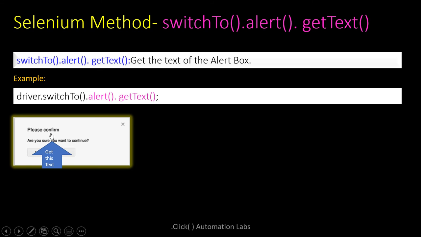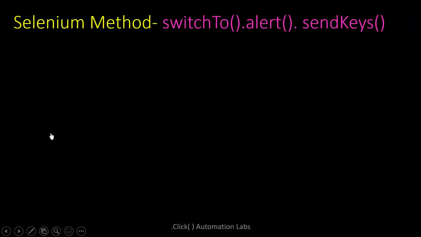So let's move on to the next command, switch to alert dot send keys. As I discussed, there are various things which we can do on alerts. One is you can accept the alert, for that dot accept, and you can dismiss the alert, for this dot dismiss.